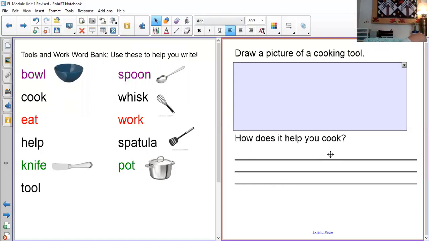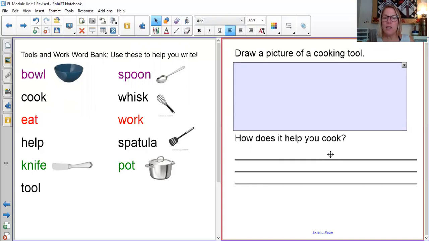If I picked my spatula, I would draw a picture of my spatula, looking closely at all those different shapes I see. Looking at the color. I could even add the writing on there if I wanted to. And then, I guess it's 2 colors.